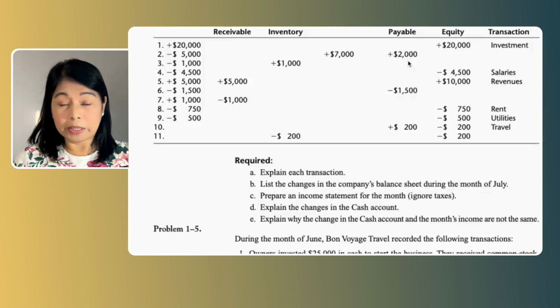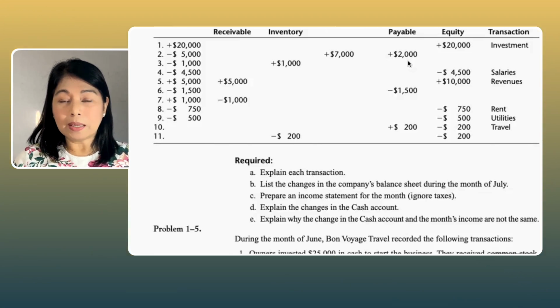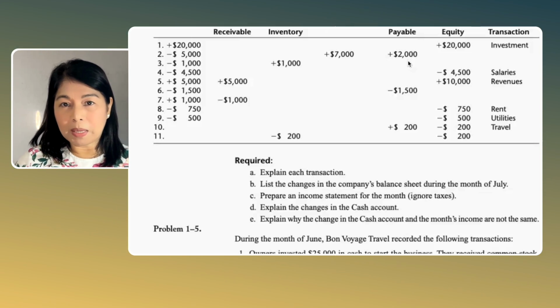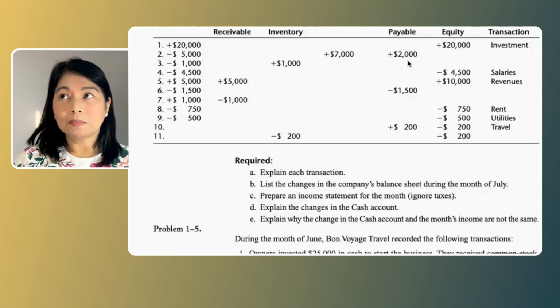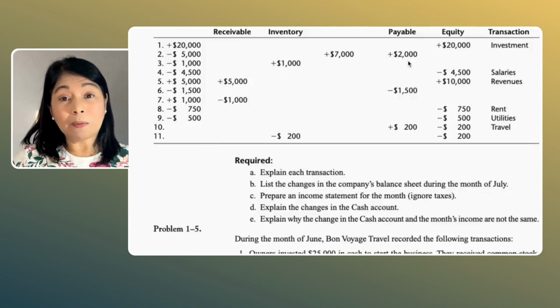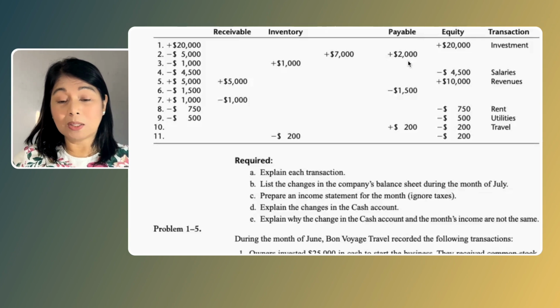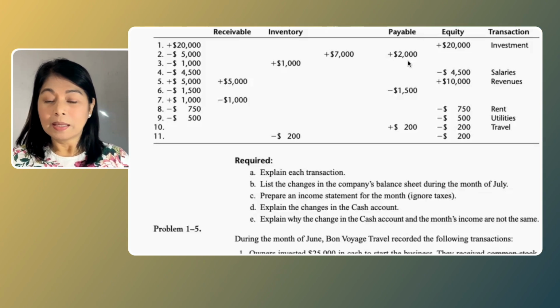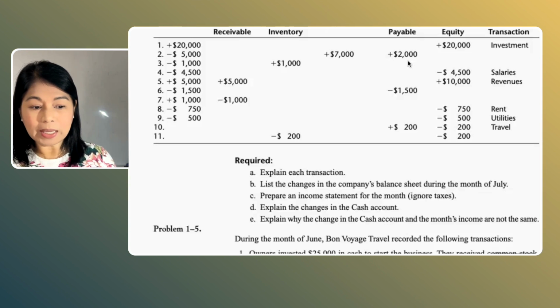Okay, that's rumor already. So how do you describe the transaction? It's purchase equipment, paying cash of 5,000 and the balance of 2,000 on credit. Okay? Did you get that description?